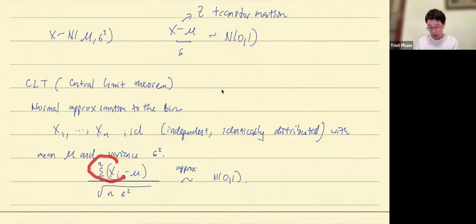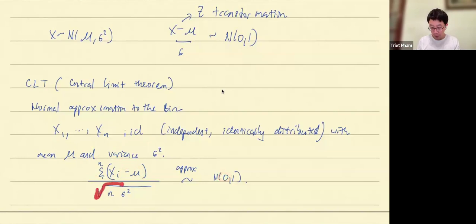The main player here is the sum of these independent identically distributed random variables. Subtracting the mean, you can see, individually makes each of these have mean 0. So that's why the mean is 0.